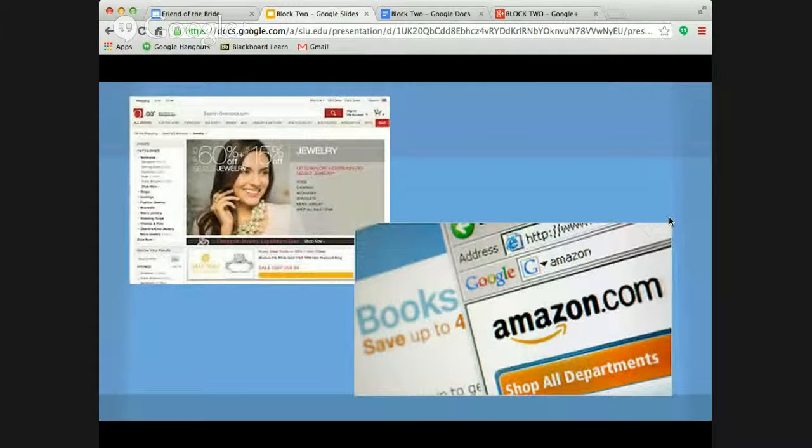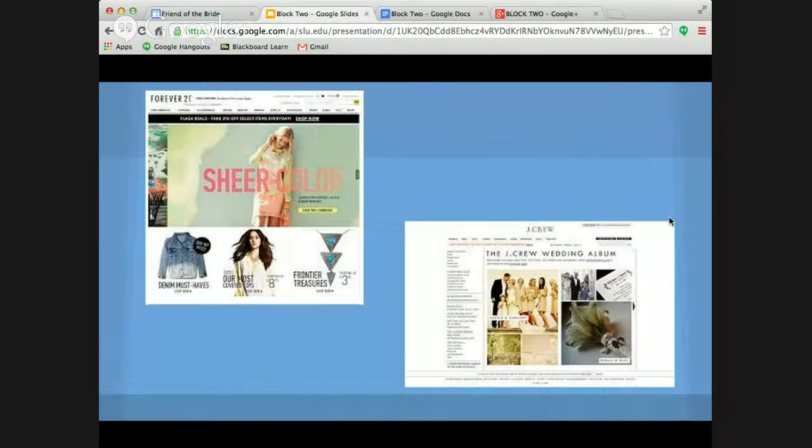And these are just places similar to eBay where you can look up what you want and you can compare different prices from different stores and websites. And then a lot of physical stores are catching on and created their own websites, such as clothing stores like Forever 21 and J.Crew.